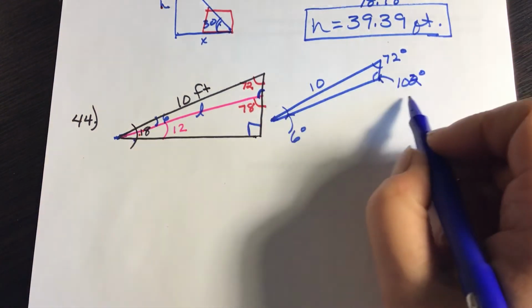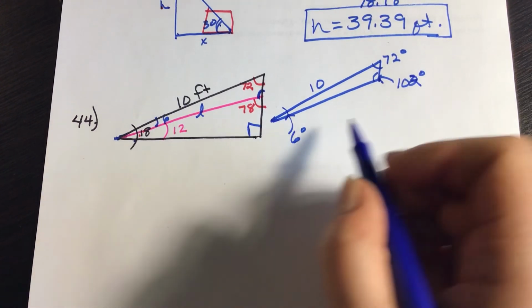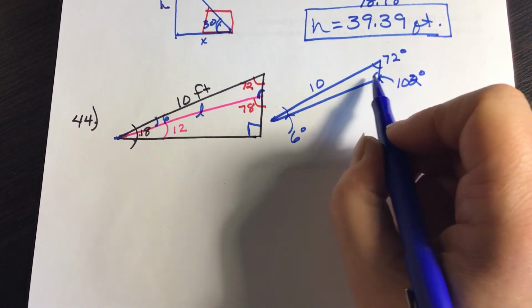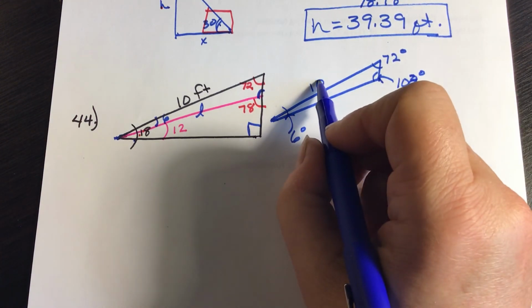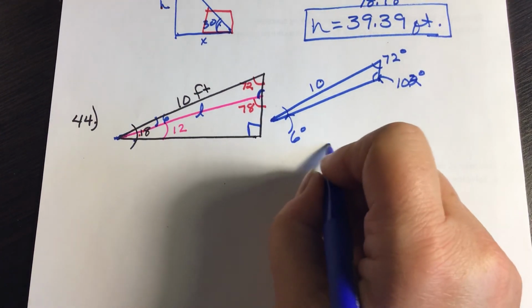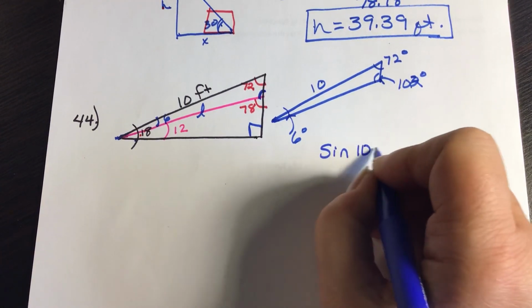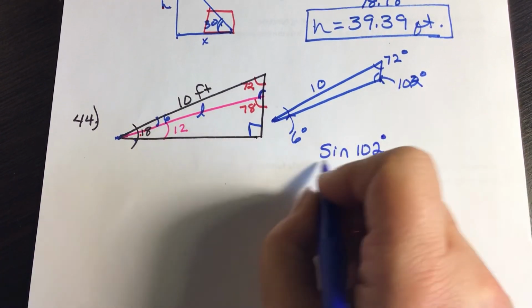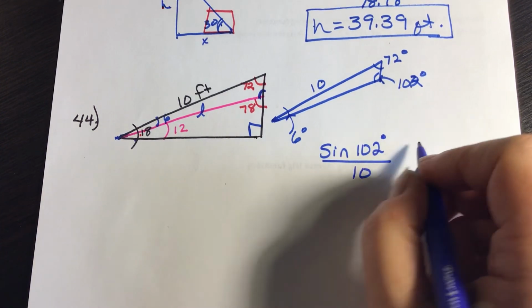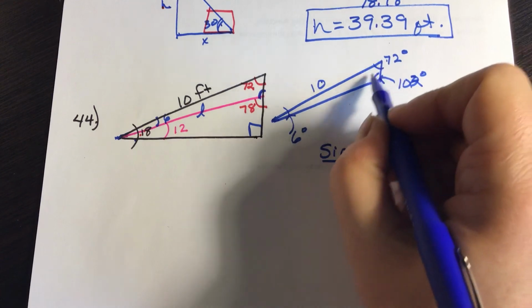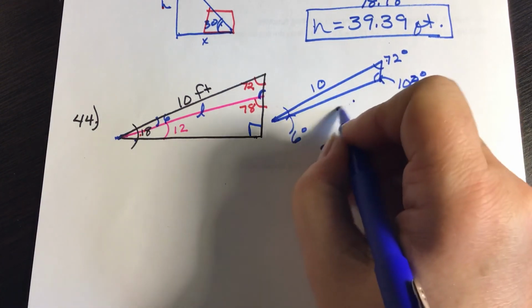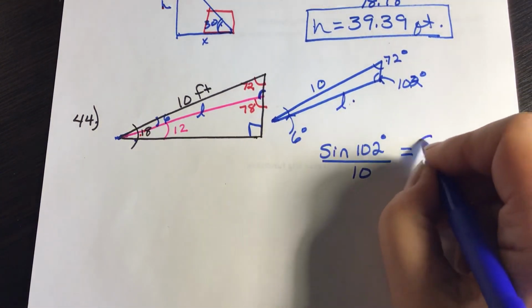So all three angles add up to 180. So I can use the law of sines now with my 102 degree angle with the side opposite is 10. So I can do sine 102 over 10 equals sine 72 over the length of the new ramp.